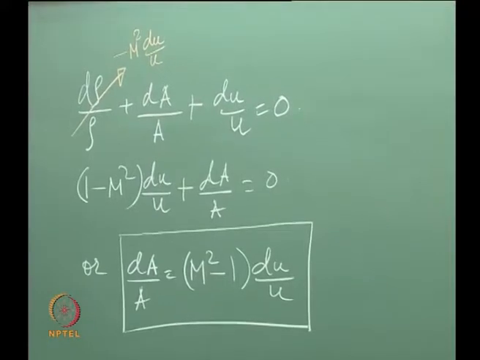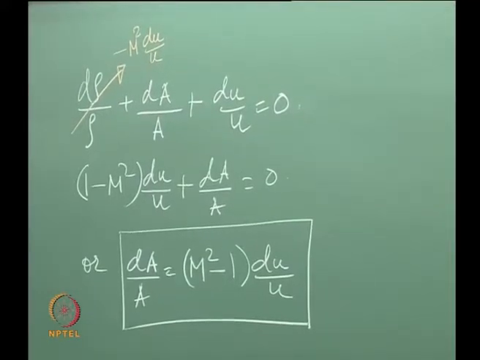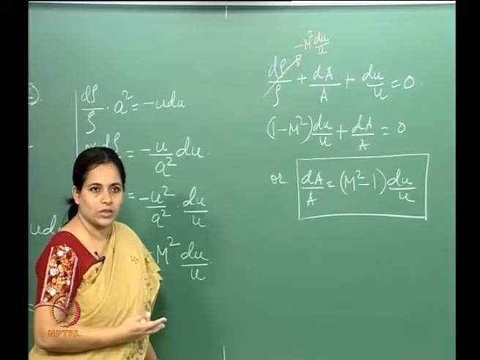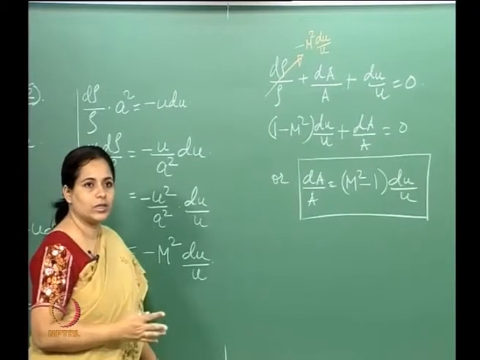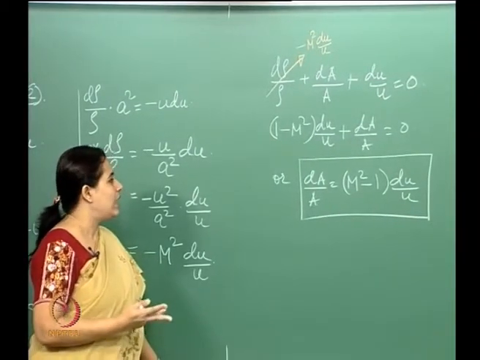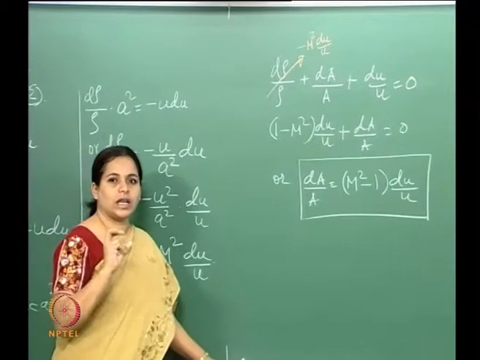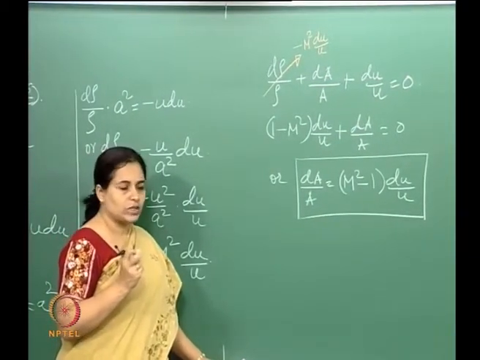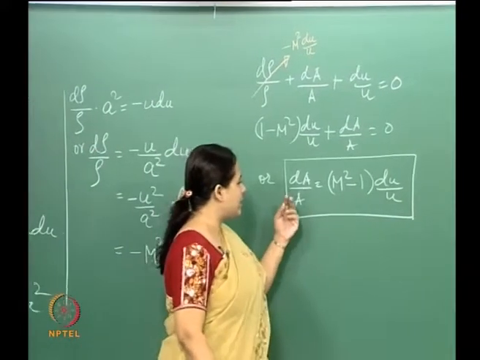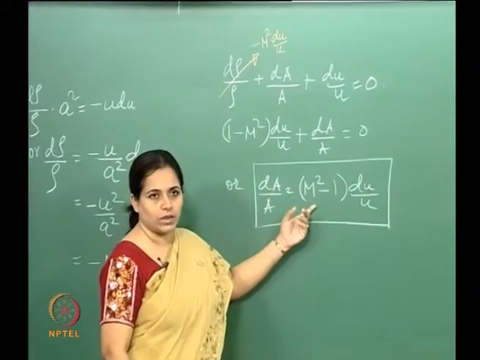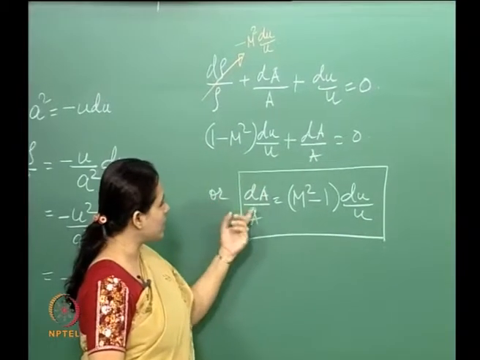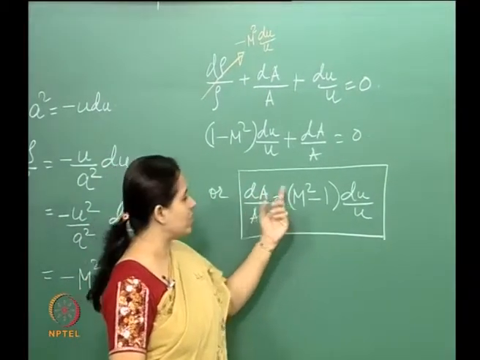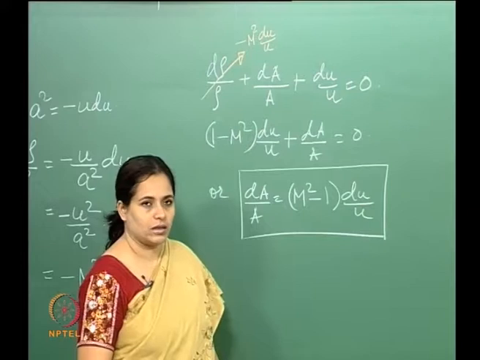Okay, so what we have done here is basically using the same old governing equations. We use the continuity equation and the momentum equation, and we connected the speed of sound to those equations, and what we are able to get is that for a given Mach number, if there is a small change in the area, there is a corresponding change in the velocity.